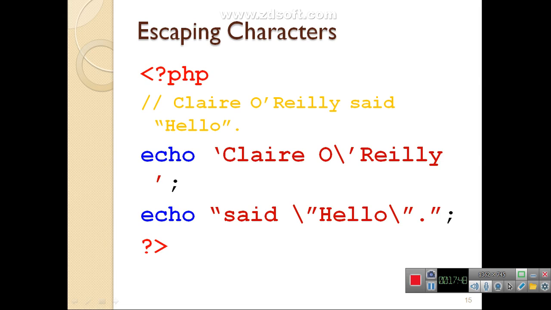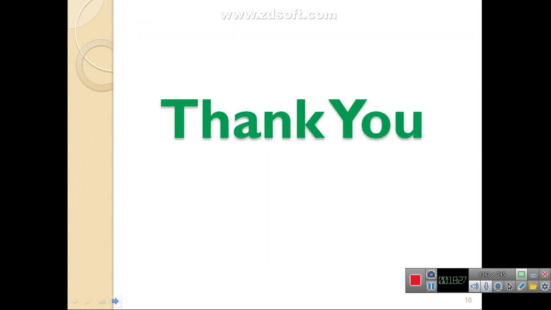Then in the string you write the quote, Clear, then O, but the apostrophe is a special character, so I need to write a backslash before it. Similarly, I write said, and then hello, which is in double quotes and which I want in the exact output, so it also needs to be preceded by a backslash. This is how we write escape characters.